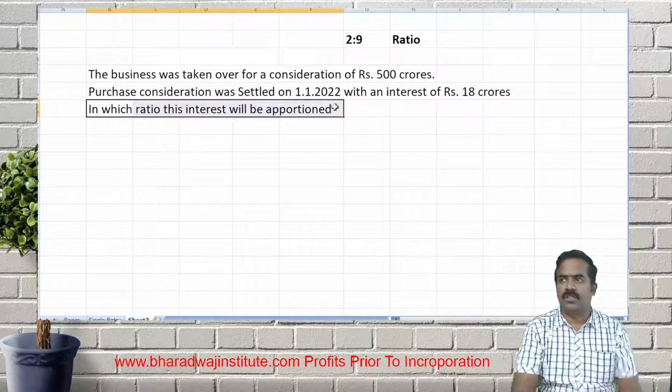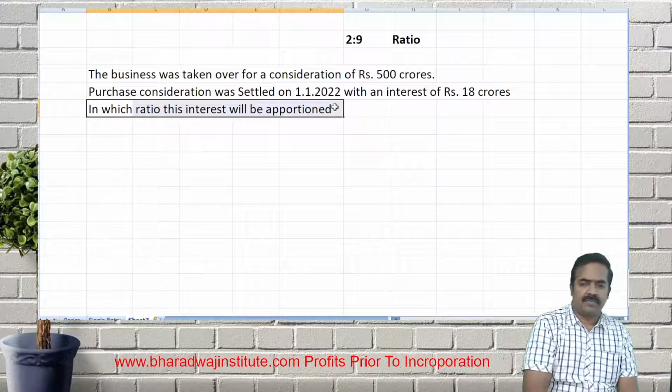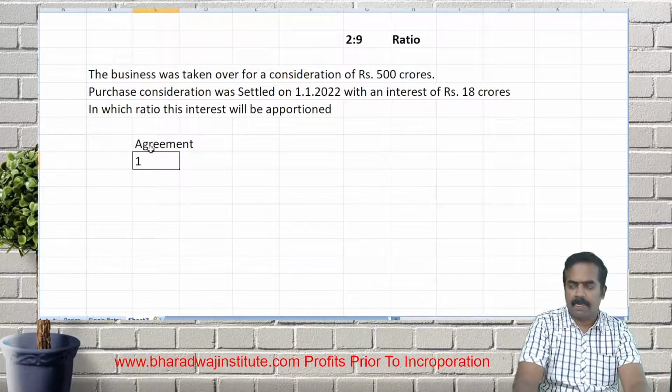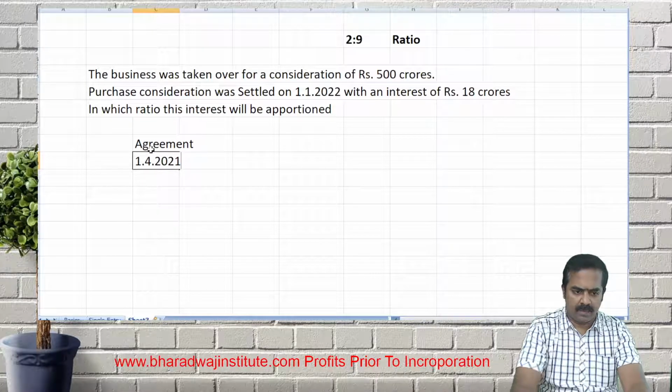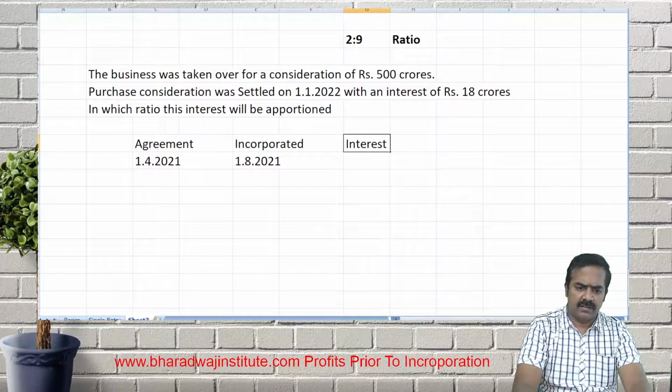In which ratio this interest will be apportioned? When the agreement was signed to take over the business? 1/4/20. Okay. When the company was incorporated? 1/8/21. Okay. When the interest was settled?